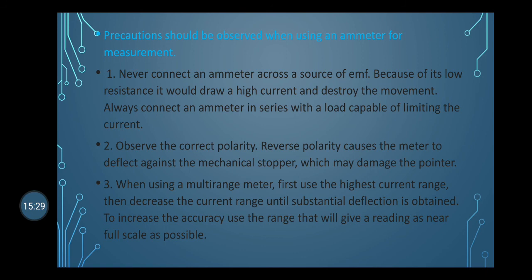To increase the accuracy, use the range that will give the reading as near to full scale as possible. So first we use the highest current range, and then step by step decrease the current range until a suitable deflection is obtained. This is the procedure for using the multi-range type of meter.